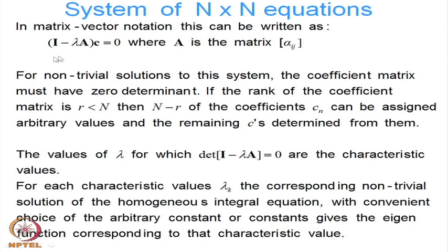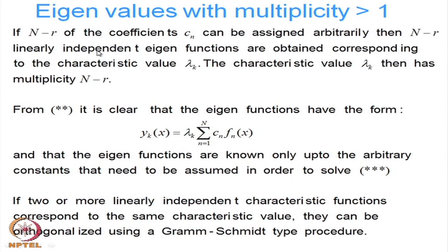The characteristic equation would be the determinant of that, but to solve this equation, the number of arbitrary constants that need to be assumed would lead to the eigenfunctions being known only up to a certain number of arbitrary constants. So, we have to assume the values of those arbitrary constants in order to get those eigenfunctions.